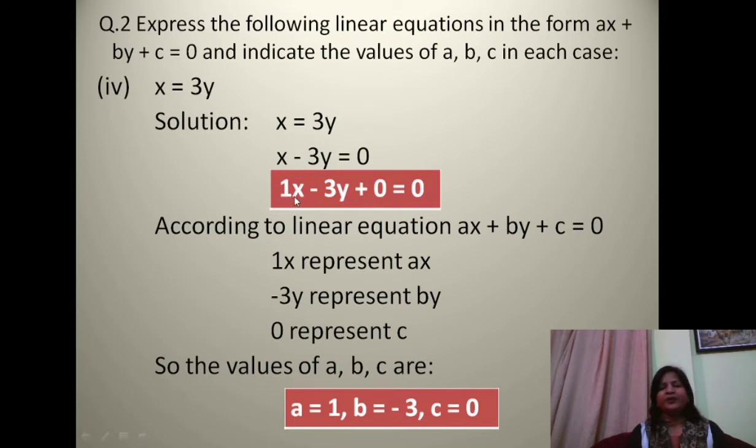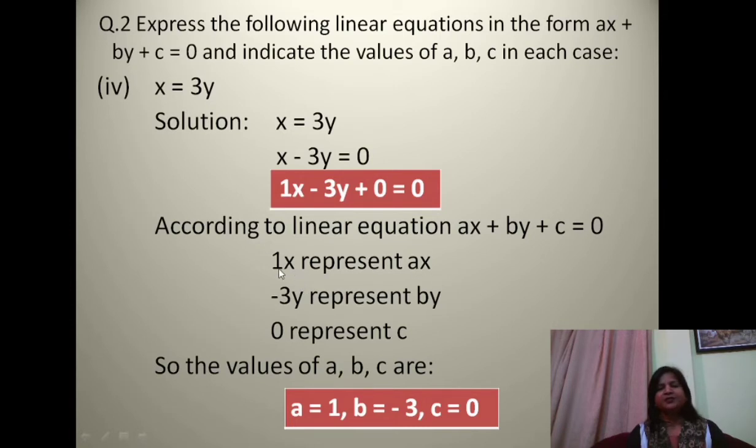So 1x minus 3y plus 0. We have added the value of c because we have to convert this equation in the form of ax plus by plus c is equal to 0. So now it is converted in the form of ax plus by plus c is equal to 0. According to the linear equation, 1x represents ax.